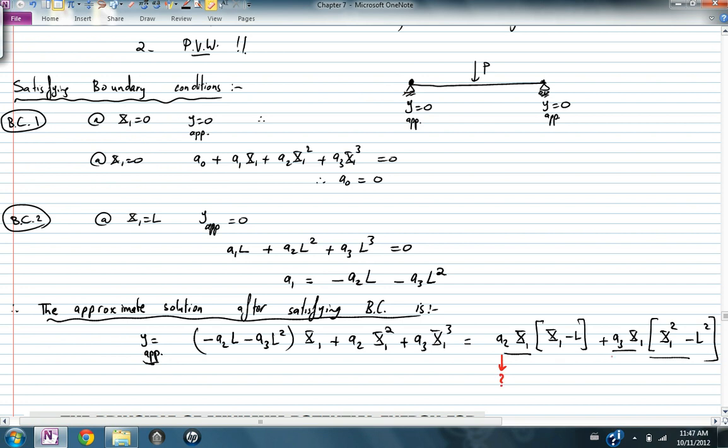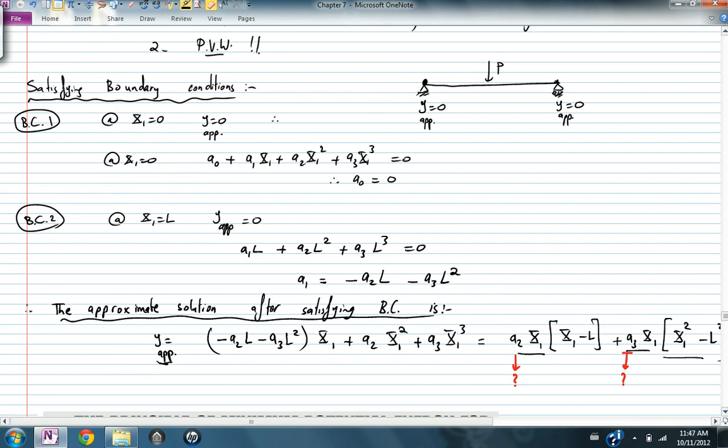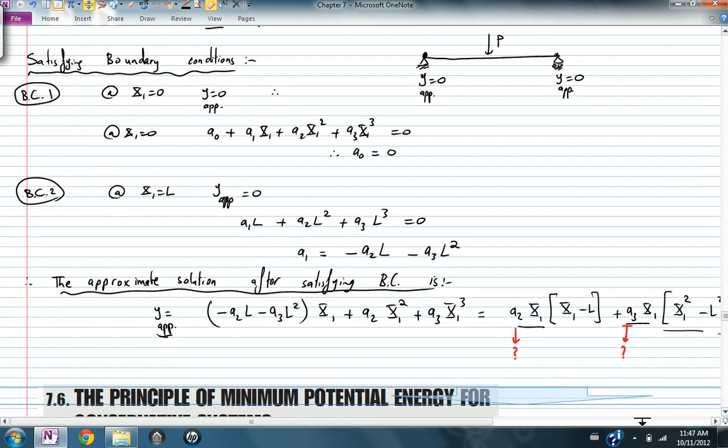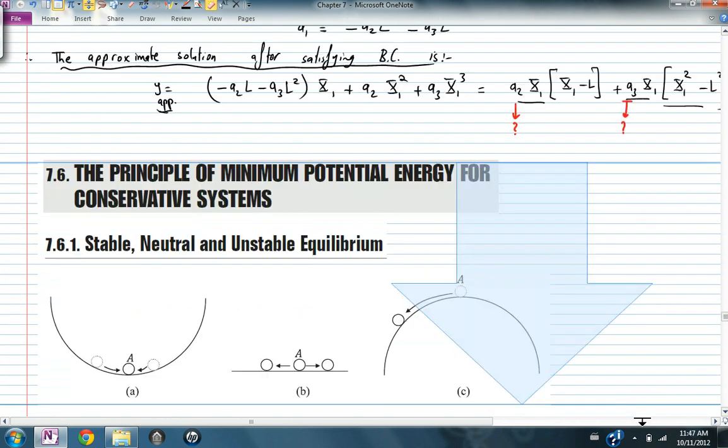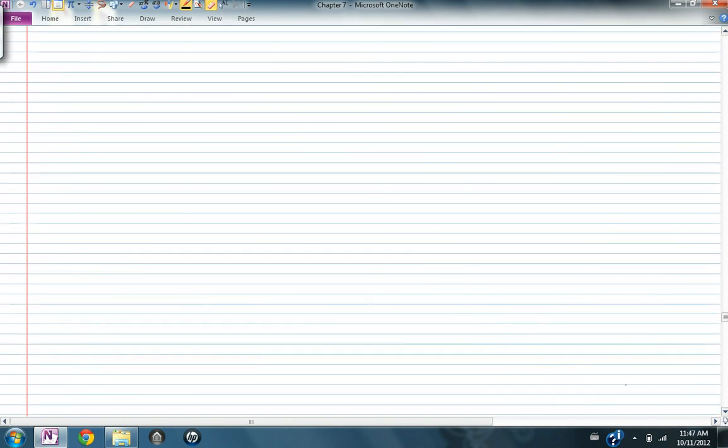What is A2 and what is A3? So I need another criteria to satisfy, and this other criteria is the principle of virtual work.